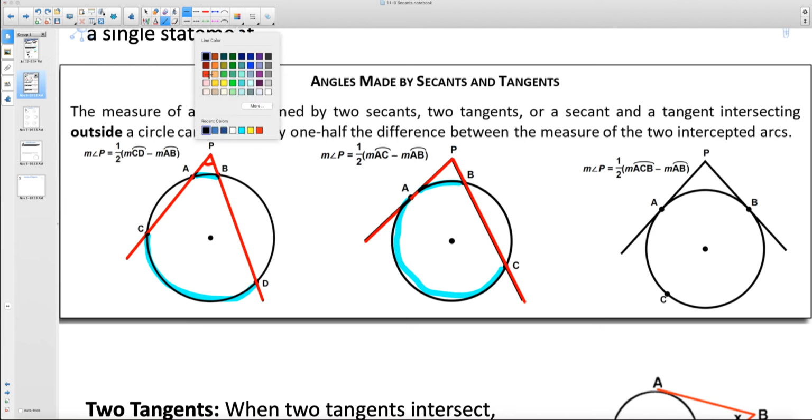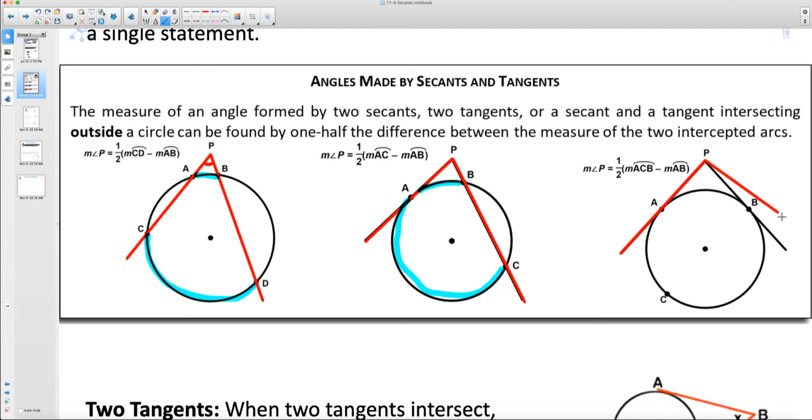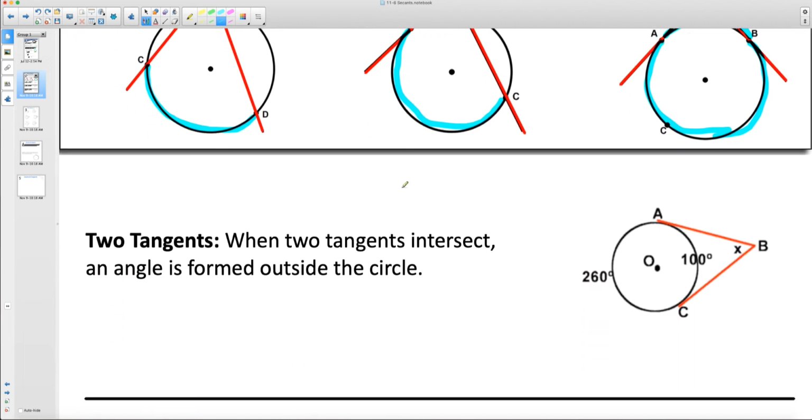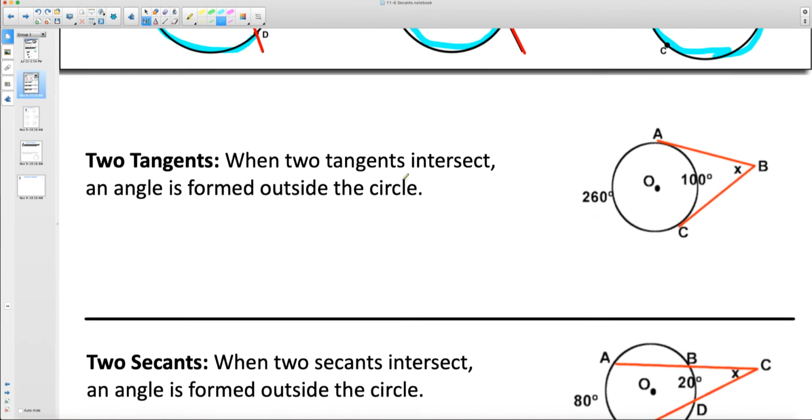And lastly, we're taking a look at an angle outside of a circle created by 2 tangents. But since it's outside the circle, it's still the same rule: arc ACB minus arc AB, and then divided by 2. So we'll go ahead and take a look at a couple of examples here.